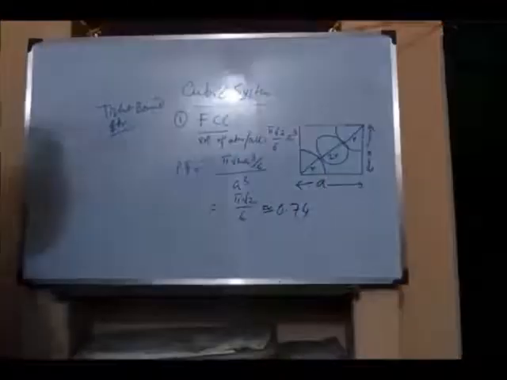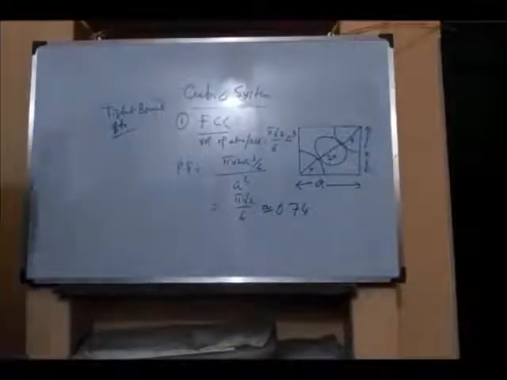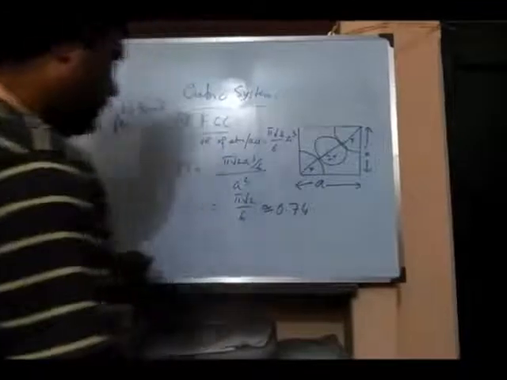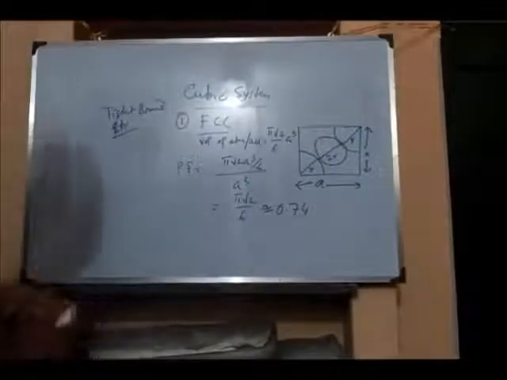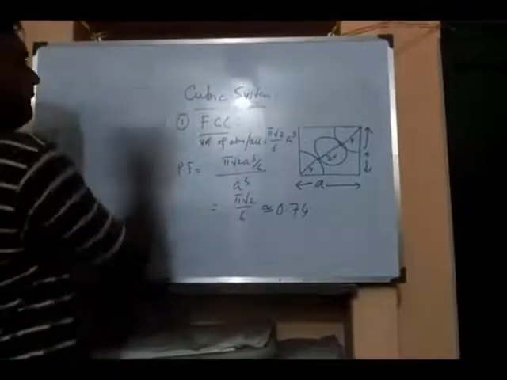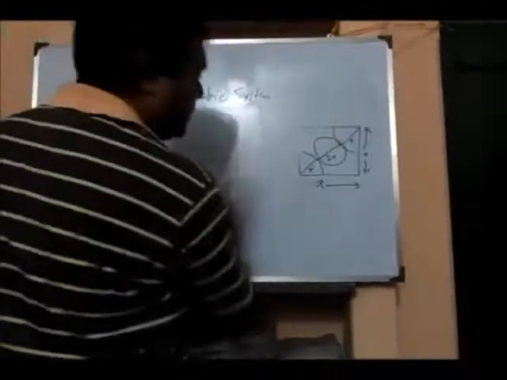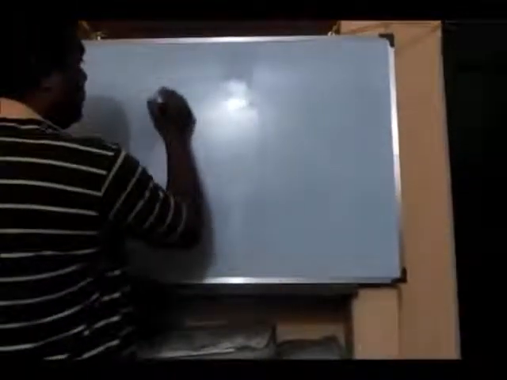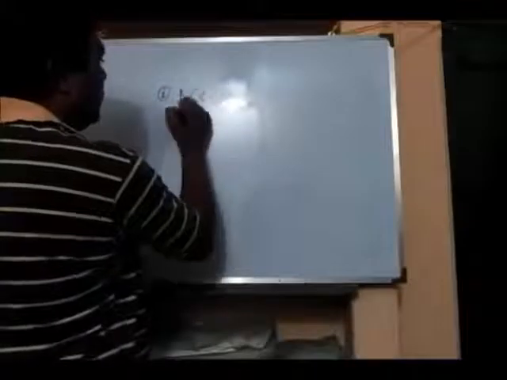Okay, so these are tightly bound structures. Now if you consider BCC, that is the body centered cubic structure. Okay, so the second example is the body centered cubic structure.